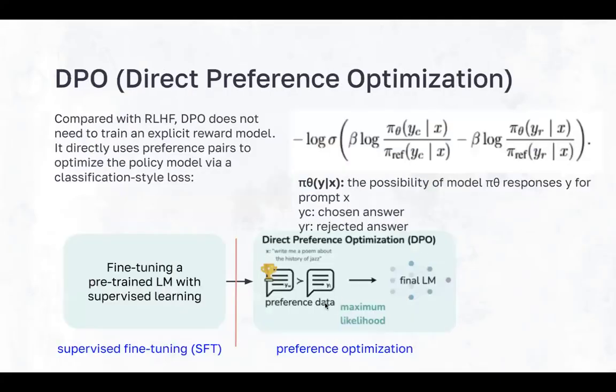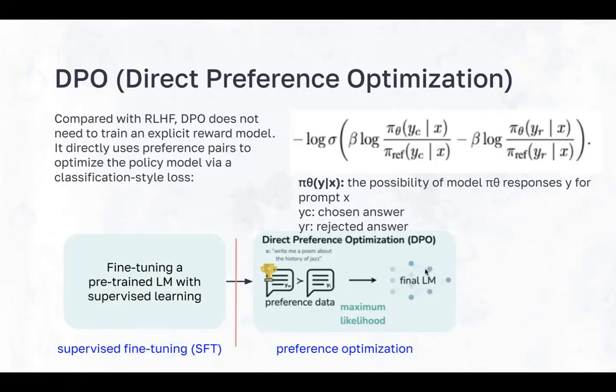But in this method, we directly use the preference data, which means we have the prompts, answers, and scores, to train the basic policy model. And in this process, we get the final policy model.